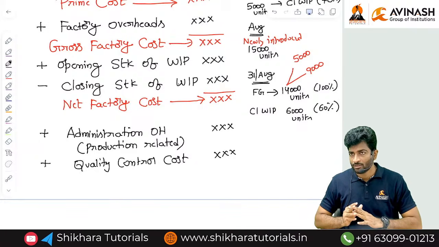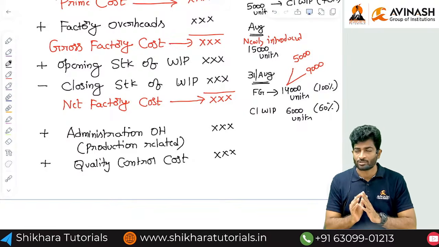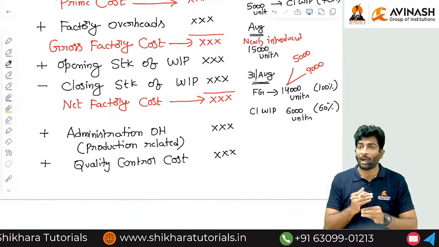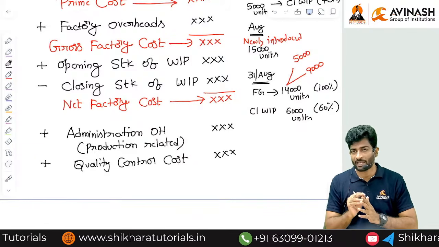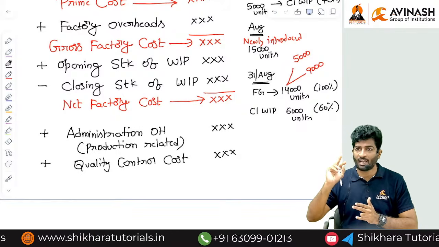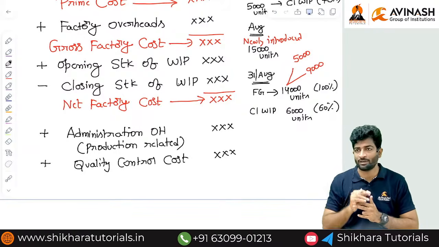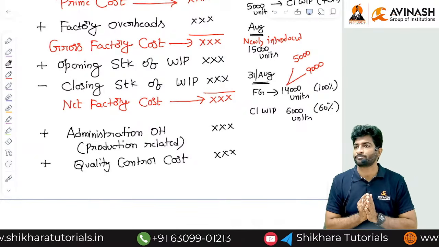Clear? So that the product will not get damaged, right? That is the reason we are going to have certain primary packing. And you will have one more packing called secondary packing, and that packing you will do after making sale, and it will be included as selling and distribution overhead. Is it clear? If you have that primary packing, you can add here.